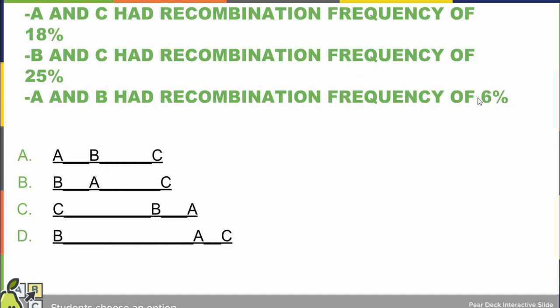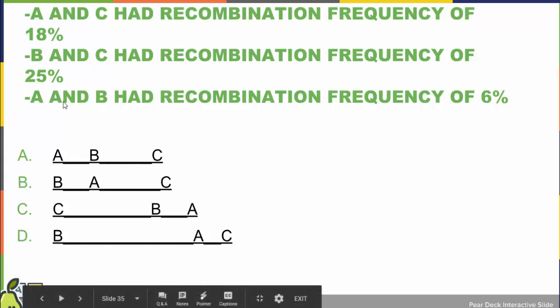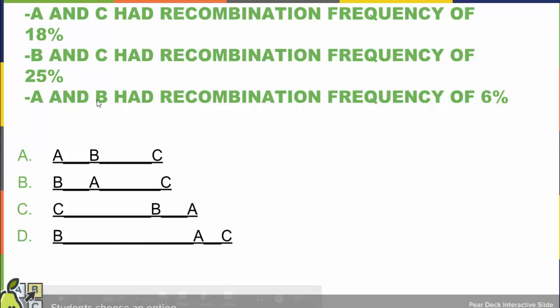Now we have to look at these other things. Let's look at which one should be closest together. A and B should be the closest together. We said that we were down to choice B and D, and A and B should be closer together than A and C. So in choice B here, here's B and here's A, close together, and A and C further apart.